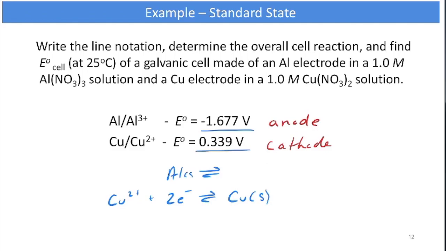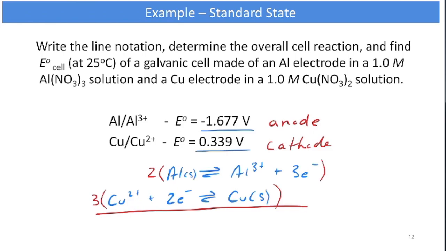So we're going to have the aluminum solid on the reactant side, and then the aqueous products on the product side. Okay, now we're almost ready to add up the reaction. The one thing we still have to consider is that the copper has 2 electrons in the reaction, whereas the aluminum has 3 electrons. In order to make them cancel out, we multiply the aluminum reaction by 2 to make 6 electrons, and multiply the copper reaction by 3 to make 6 electrons.